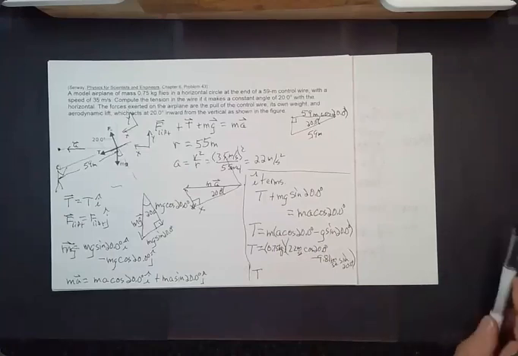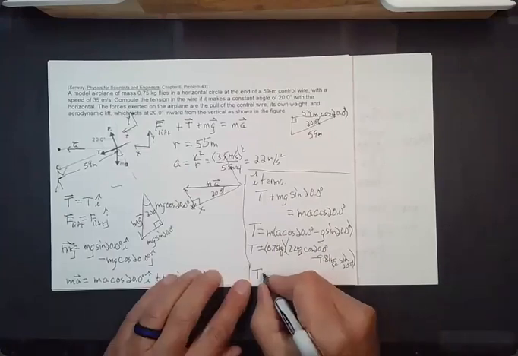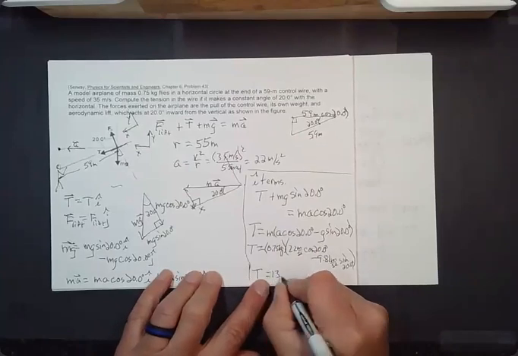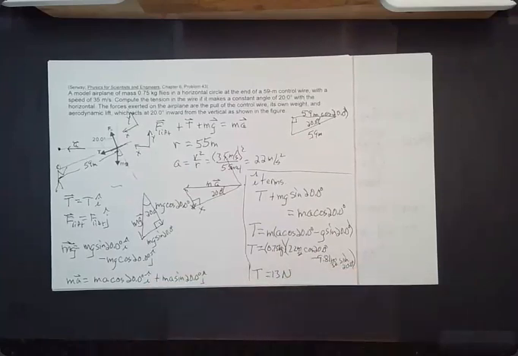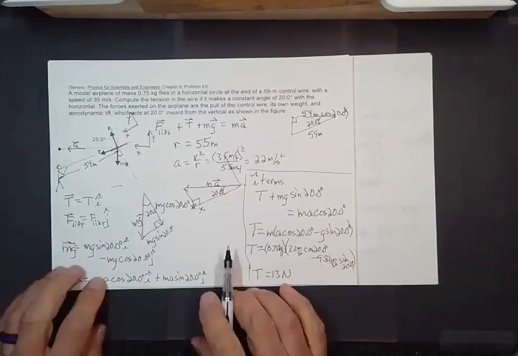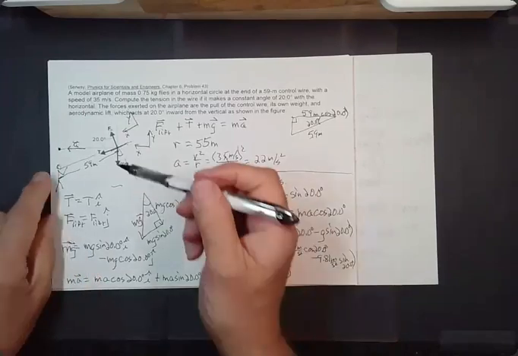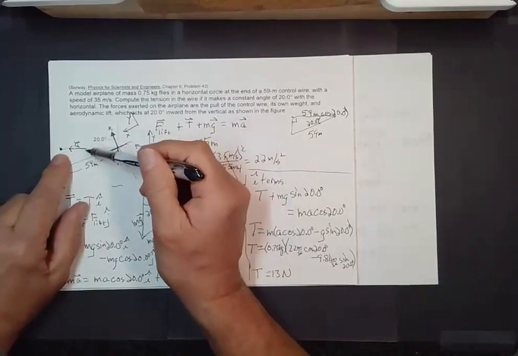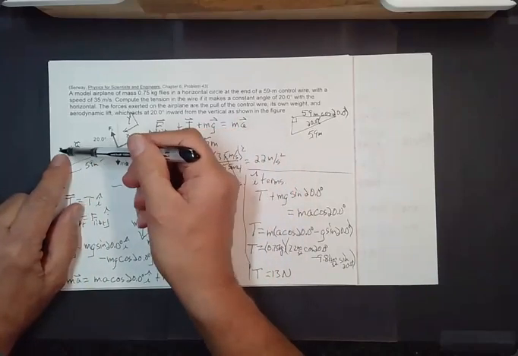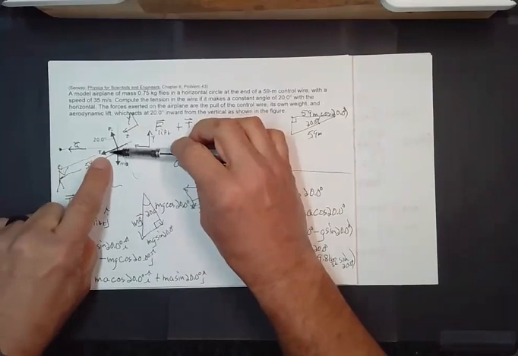I get about 13 newtons is all I get on that thing. So not a whole lot. But this one had a tilted coordinate system, and the really new thing here was having to make note of the fact that the acceleration wasn't in the direction of this tension.